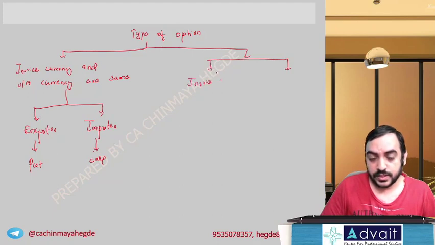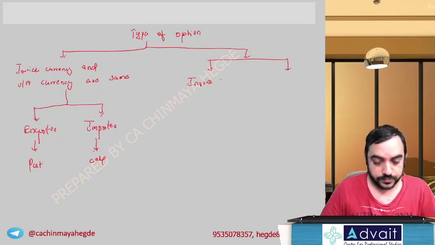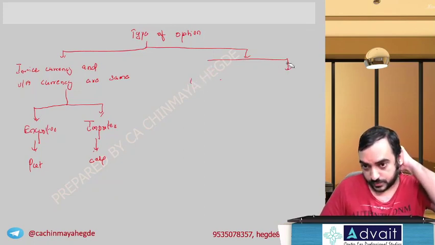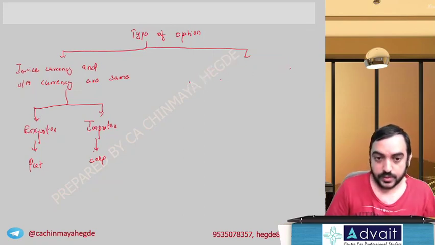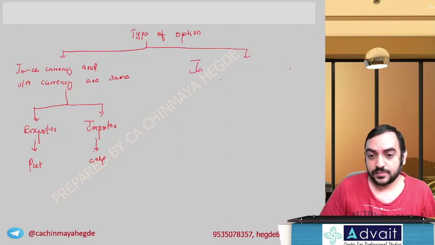Invoice currency, this is second situation. Invoice currency and underlying assets currency are different.